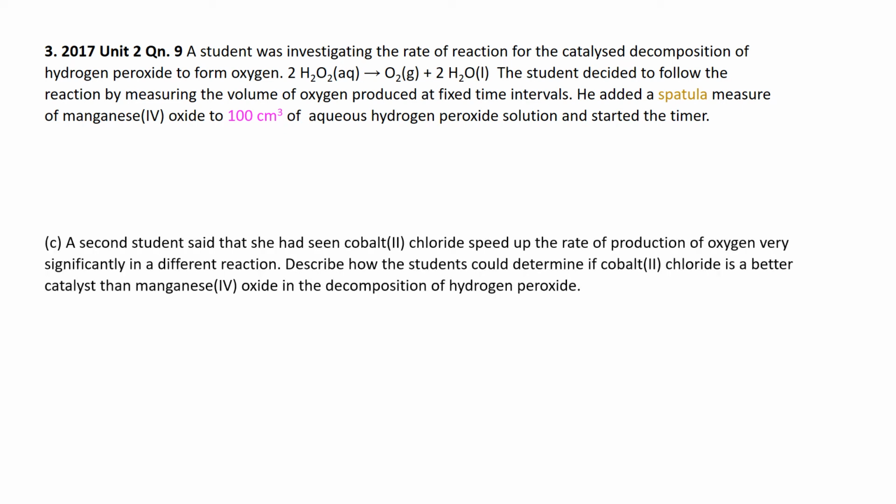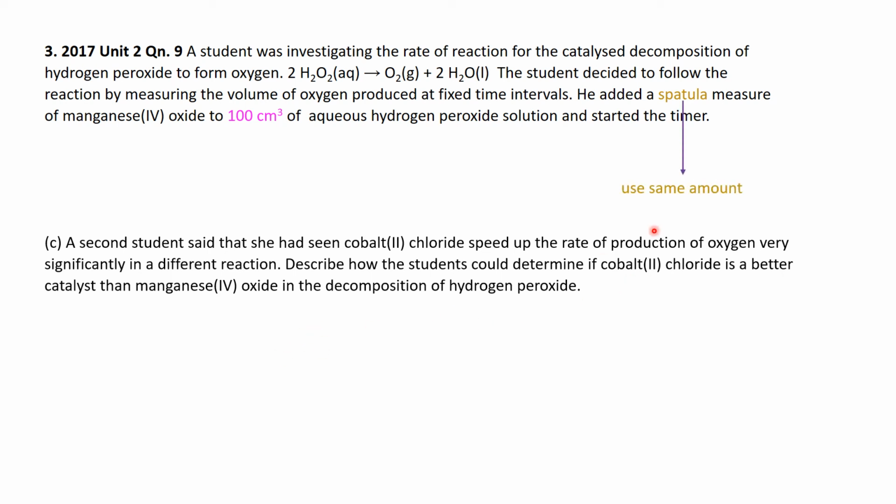Anyway, another part of this: a second student, different from this student, said that she had seen cobalt-2 chloride speed up the rate of production of oxygen very significantly in a different reaction. Determine how students could determine if cobalt-2 chloride is a better catalyst than manganese 4 oxide in the decomposition of hydrogen peroxide. So we're going to compare 2 catalysts, so everything else needs to be the same.